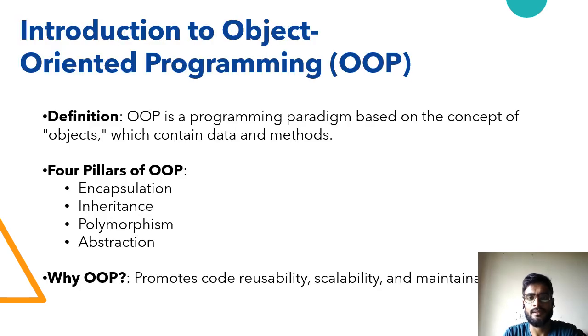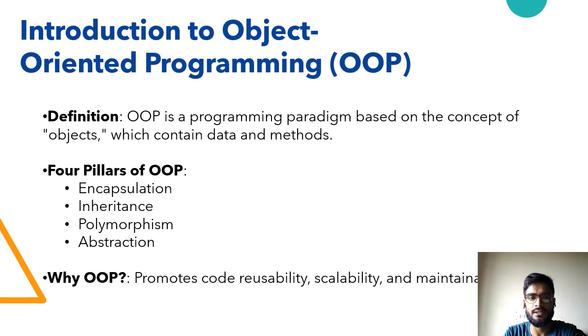Now, before discussing class and object in Java, first we'll see the introduction of OOPS, object-oriented programming. So basically, OOPS is a programming paradigm based on the concept of objects which contain data and methods. There are four pillars of OOPS.